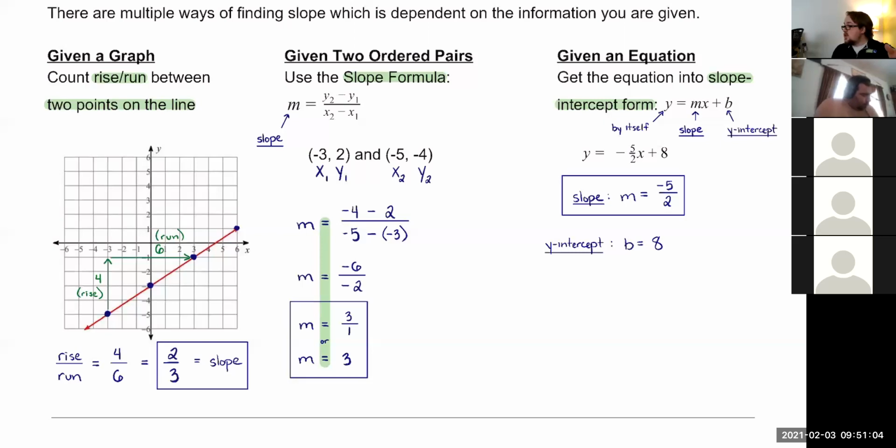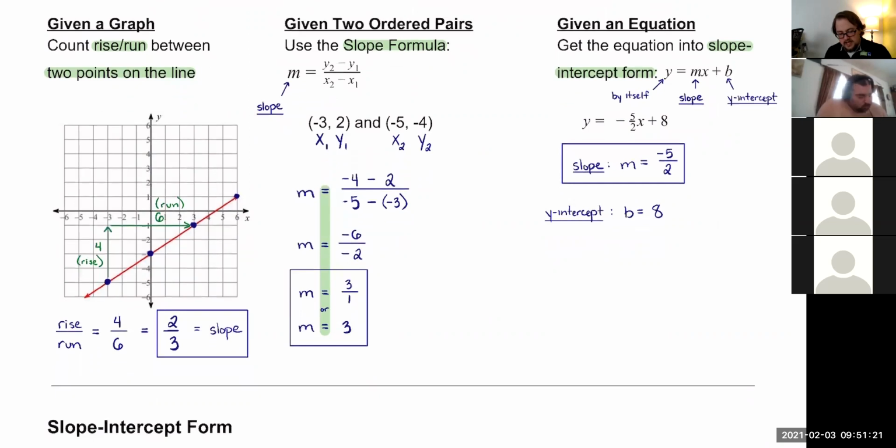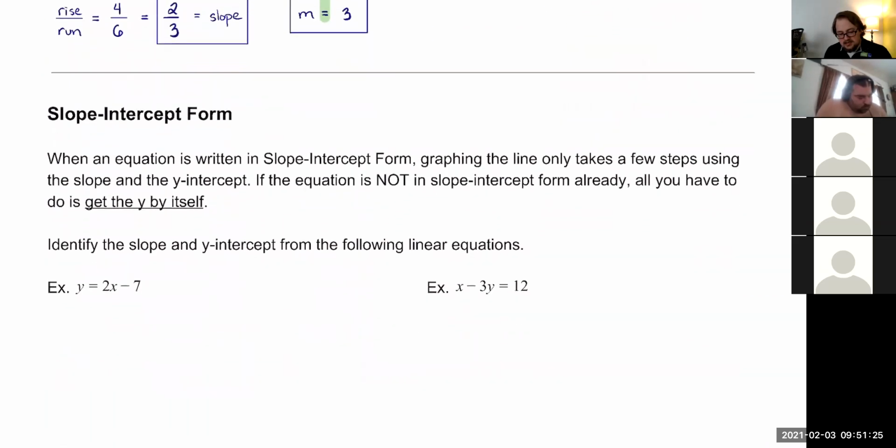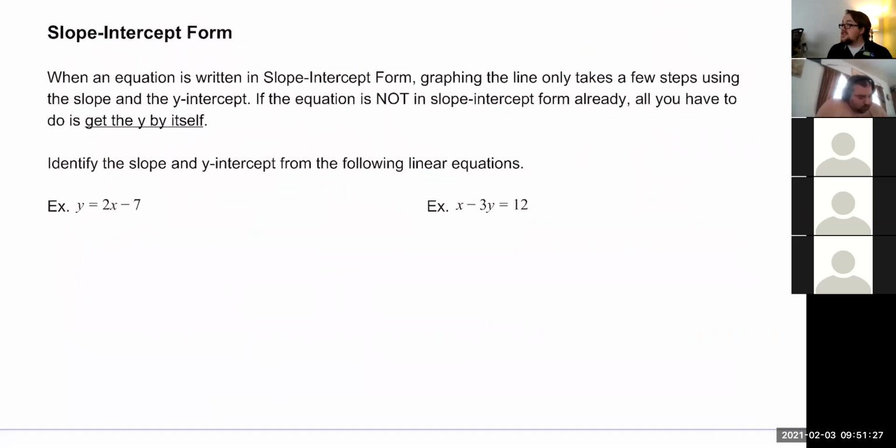And if we're given the equation, so long as the y is by itself, meaning that it is in fact in slope-intercept form, then it's just a matter of identifying the two pieces, one of which, of course, is the slope. Now, if slope-intercept form is so important, it's probably worth knowing what to do if your equation isn't already given to you in slope-intercept form.